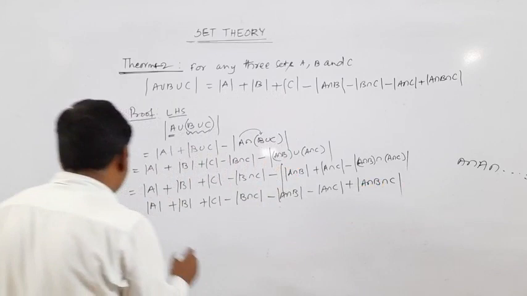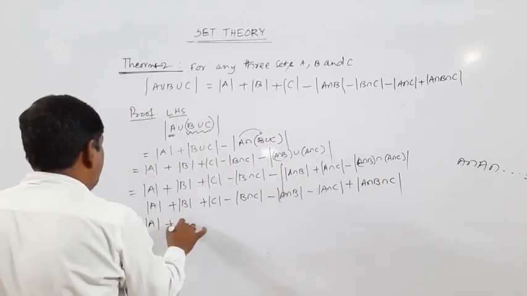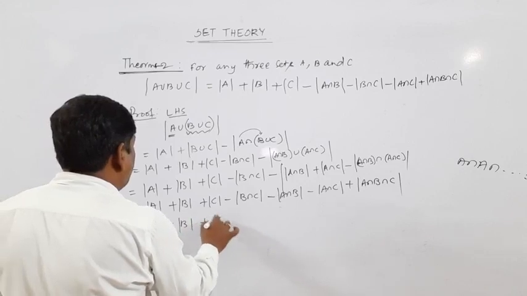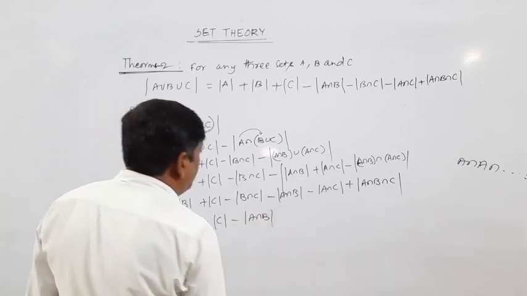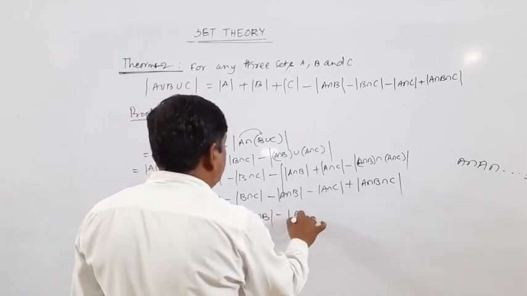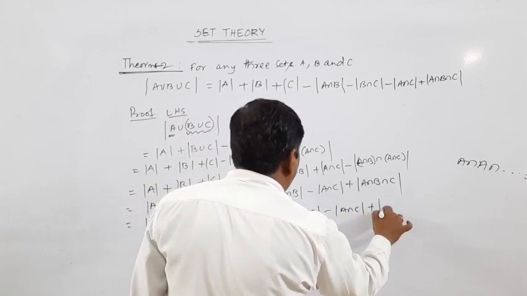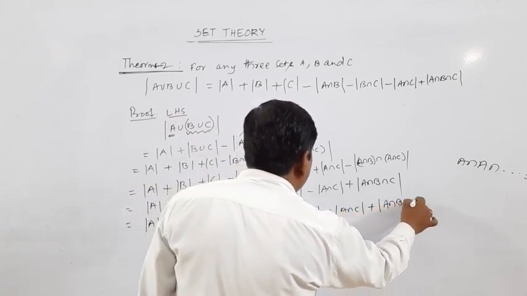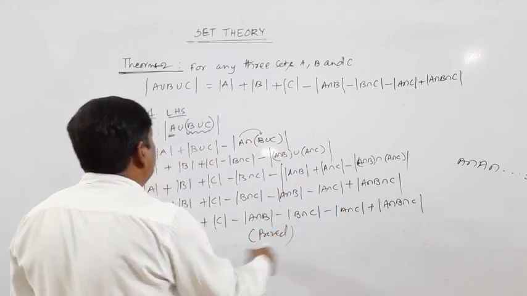Now arrange according to the right side: cardinality of A plus cardinality of B plus cardinality of C minus cardinality of A intersection B minus cardinality of B intersection C minus cardinality of A intersection C plus cardinality of A intersection B intersection C. This is proved.